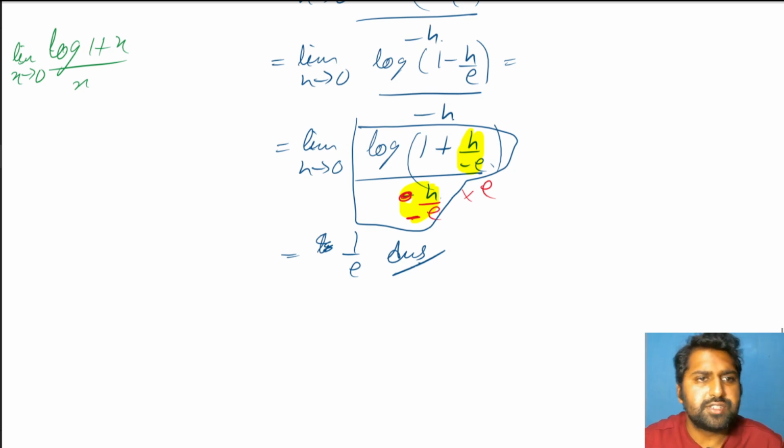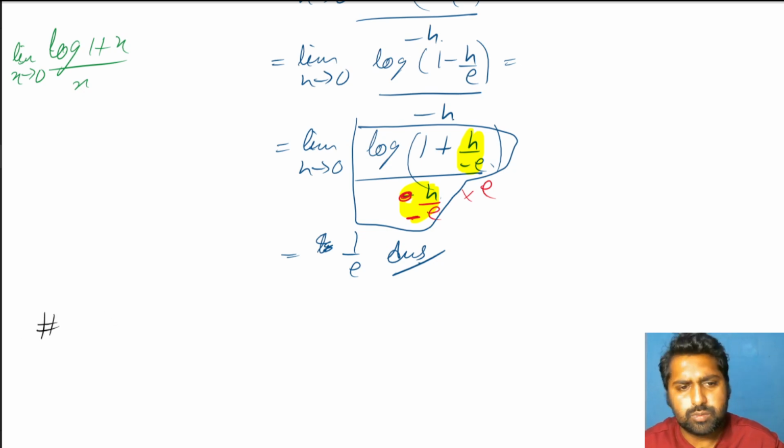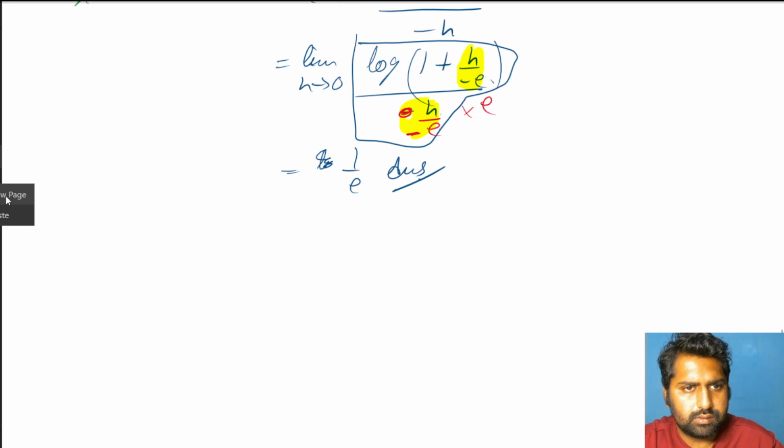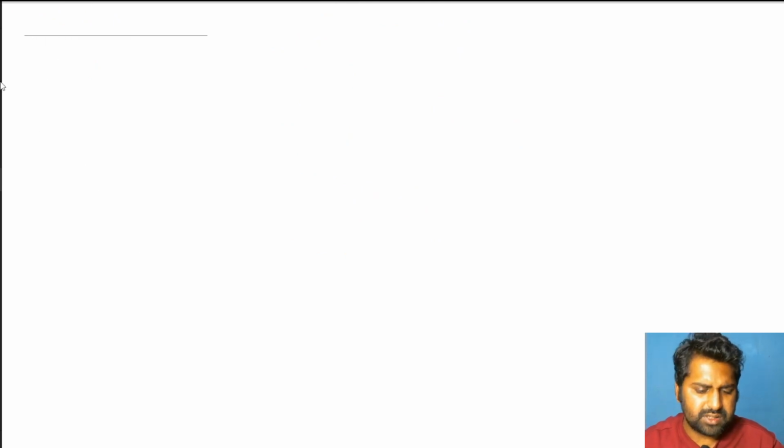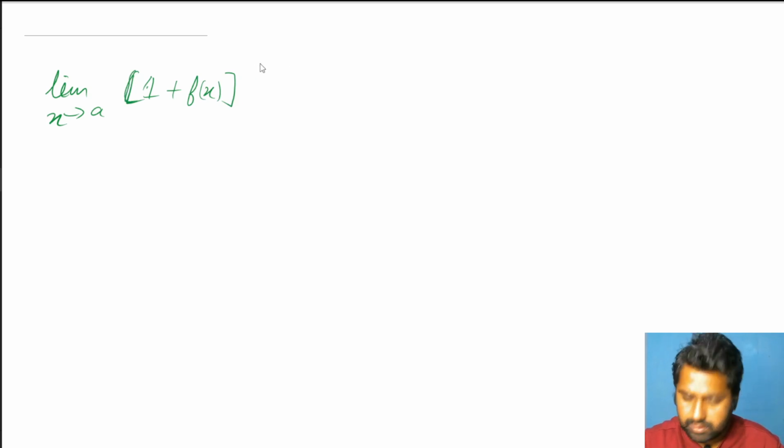From the examination point of view, specifically in MCQs, there is one more form as such. I'm not giving any heading or something. There are some particular cases that you have to understand, and the questions will usually be based on those. The property goes like this. Limit x tends to a, 1 plus f(x), which means 1 plus some function of x, raised to the power 1 by g(x).